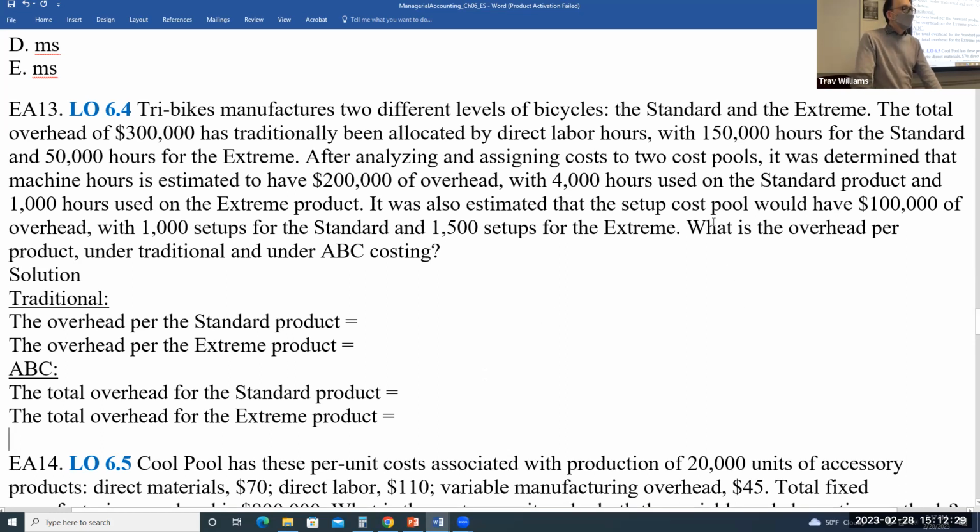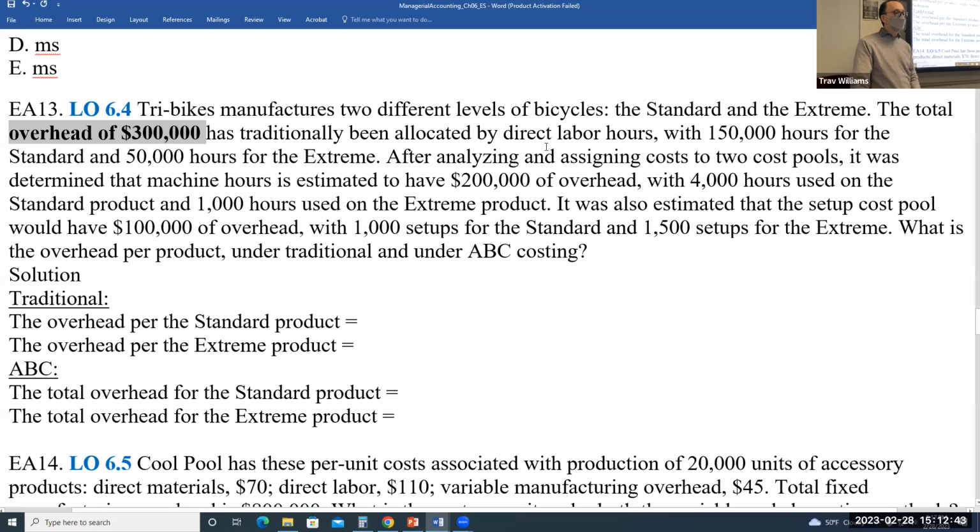This company makes two bicycles. They make the standard bicycle and the extreme bicycle. Total overhead is $300,000. Traditionally allocated by direct labor hours. Okay.